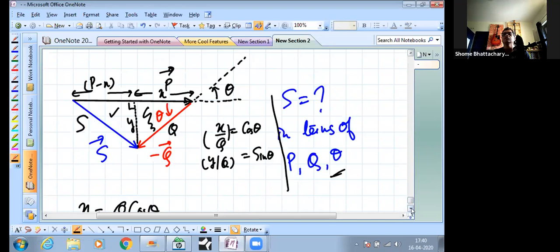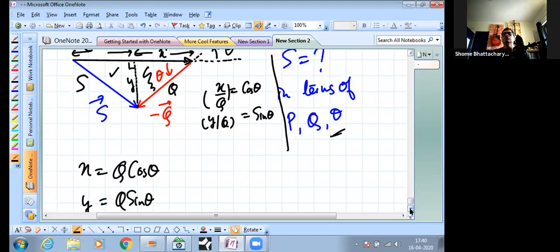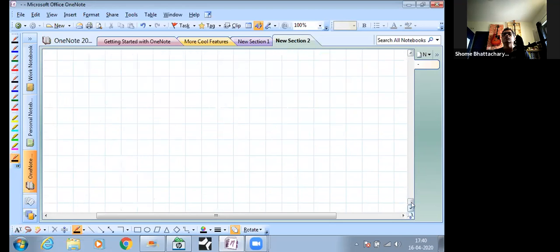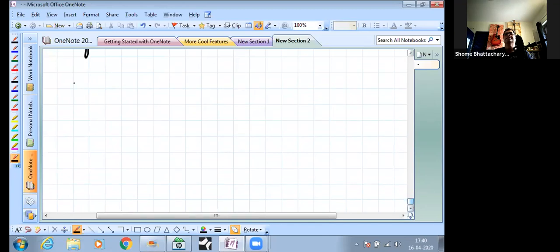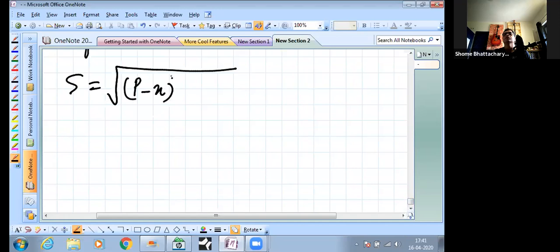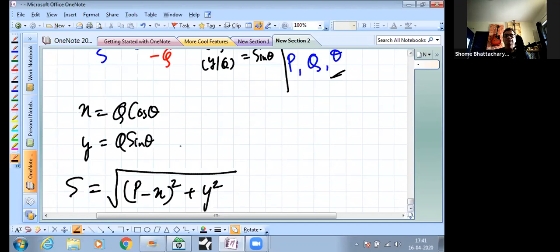Okay. So in that triangle, what is happening now? S is becoming square root of p minus x whole square plus y square. So in this expression now, all you have to do is substitute this value of x and y. And from that you will get a value of s, which will give you your final answer.